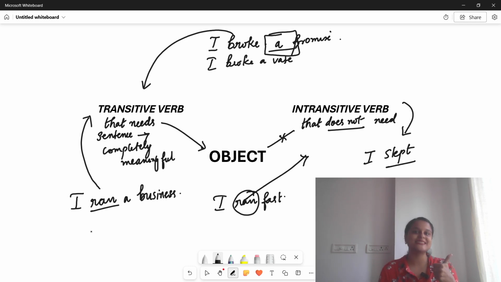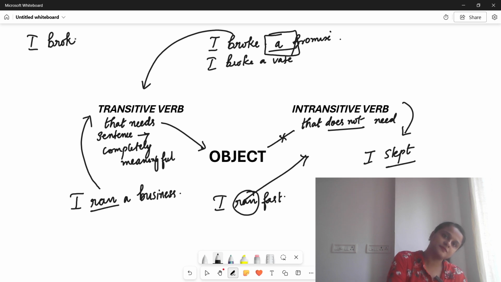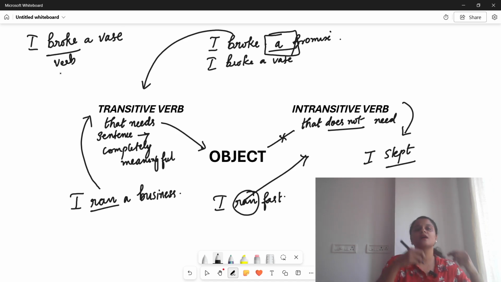Now, the easiest way to identify a transitive verb, just two things. One, you will see an object next to it. Two, you can ask the question verb what or verb who. Say, for example, I say I broke a vase. Someone is asking you, is break a transitive verb in that or is it an intransitive verb? Then all you need to ask yourself is, I broke what or I broke who?